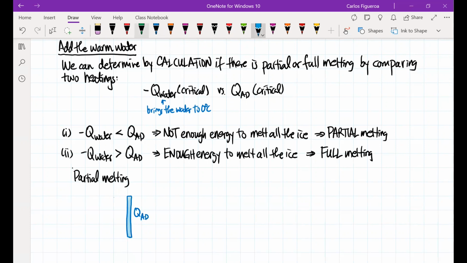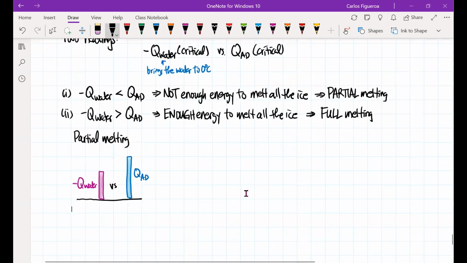And then when I compare that to the heat of the water, this heat of the water is smaller. So this guy is minus Q of the water. When I compare these two, you could see that they're not the same height.